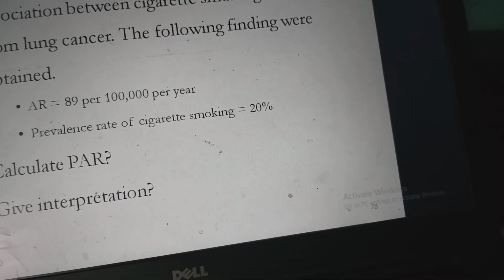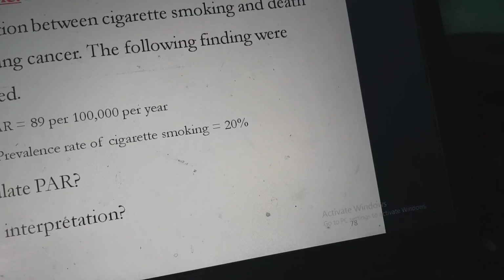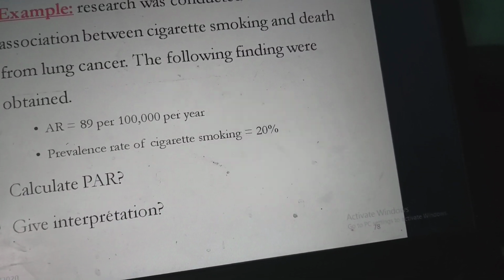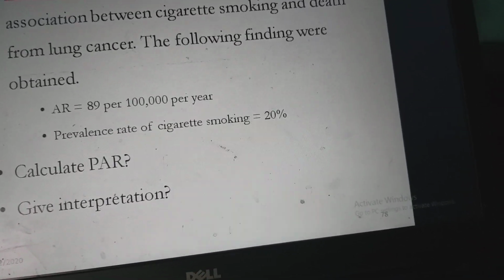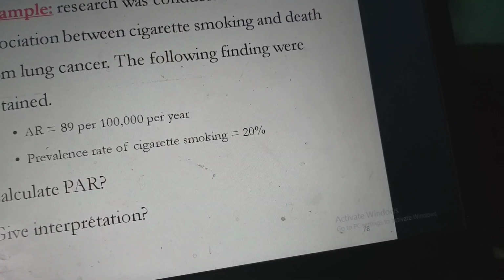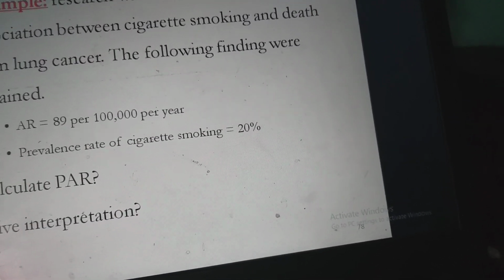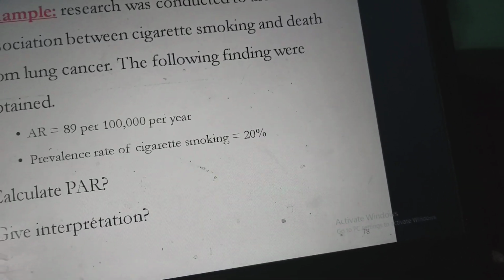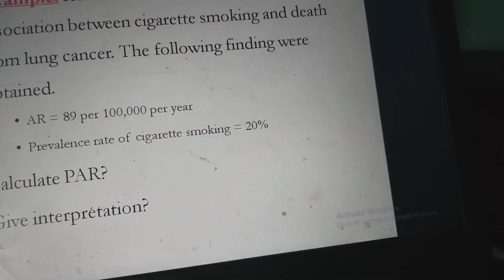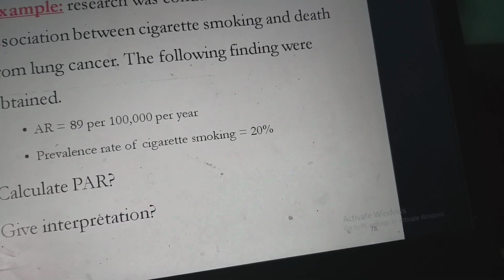So this most probably is about, if I don't make a mistake, about 17 or 18 like that. Therefore, simply population attributable risk means attributable risk times the proportion of exposed in the population. Everything is given here.